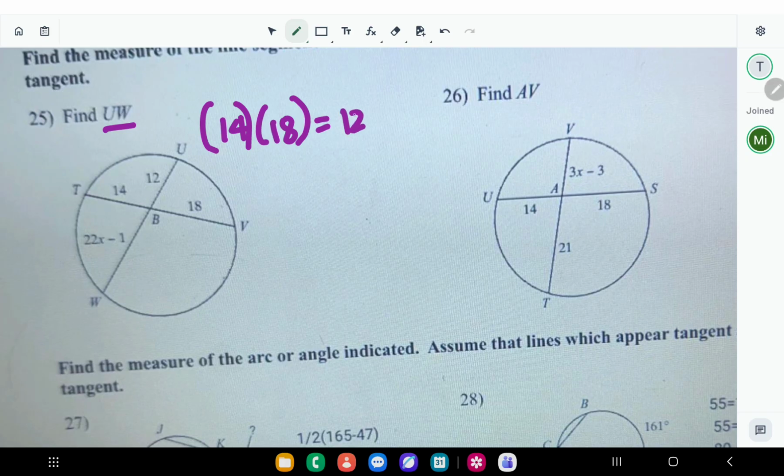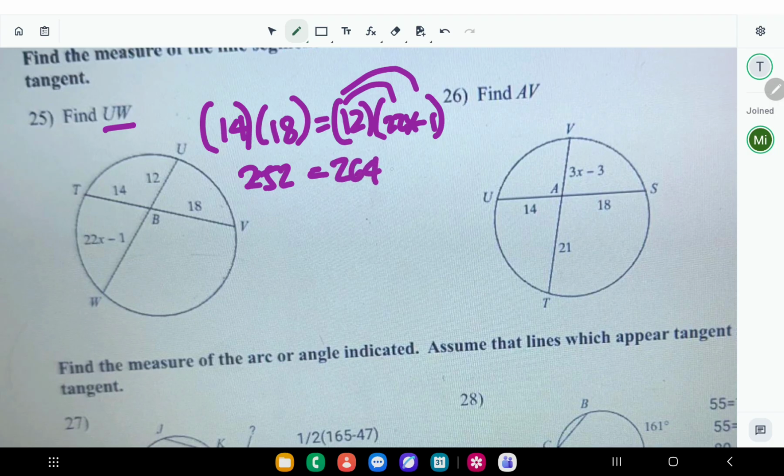So that is 12 times 22x minus 1. So we find x first. What is 14 times 18? Okay, 252 equals, we distribute 12 times 22, that is 264x minus 12.